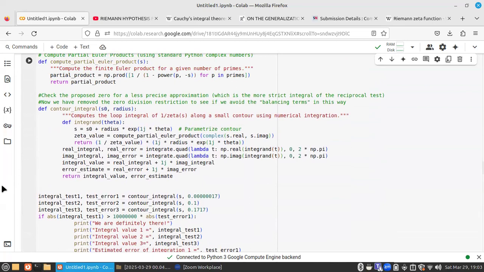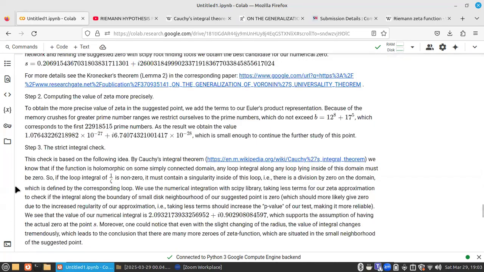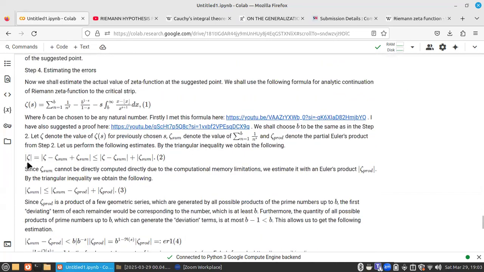So for step 4, we need to estimate some errors. For estimating the errors, I use this formula, this form of analytic continuation of the Riemann zeta function to the critical strip.